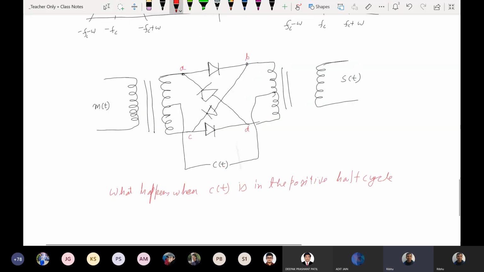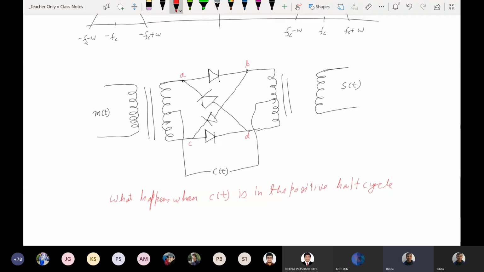To make life slightly simpler, let's call these diodes D1, D2, D3, D4. And let's call these points P, Q, R, and S.